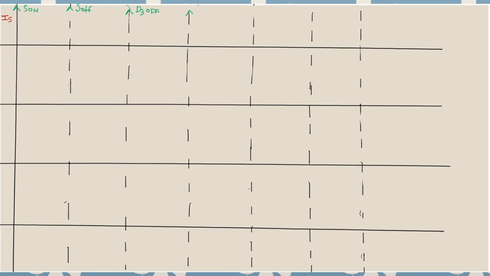And this one repeats again: it becomes S on, this becomes S off, and this becomes D3 off.